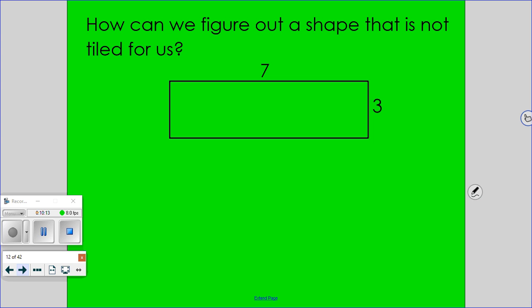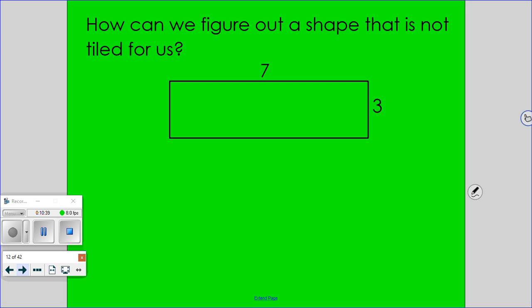But let's pretend I don't want to draw lines. I do not want to draw my tiles, and I don't have my counters. So what other strategy can I use, Lainey? You can multiply. How do you know that? Because it's going to be the numbers of boxes there would be if there were boxes. Yes.